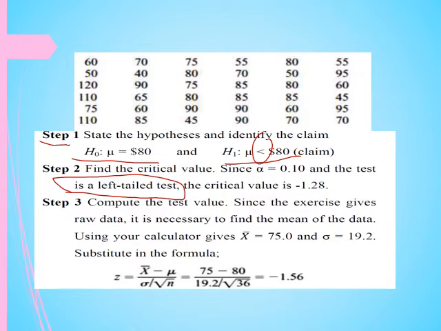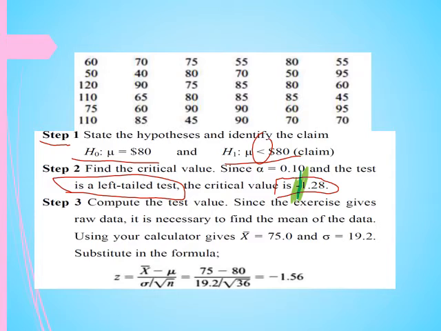So we use the appropriate table, the Z table, to get the critical value, and we find the critical value at a 10% level of significance is equal to negative 1.28. Note that when you have a left-tailed test, the critical value is negative, and the test value will also have a negative sign.